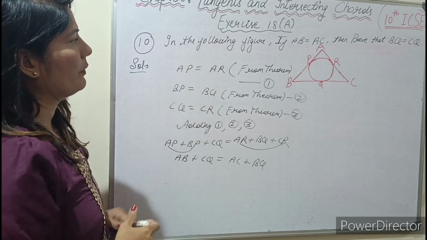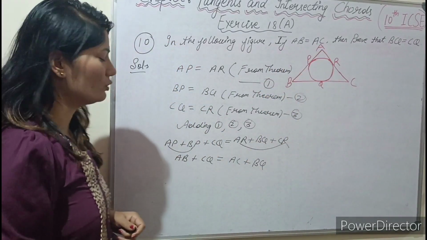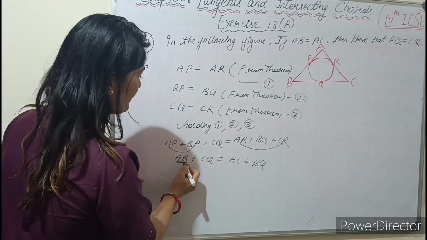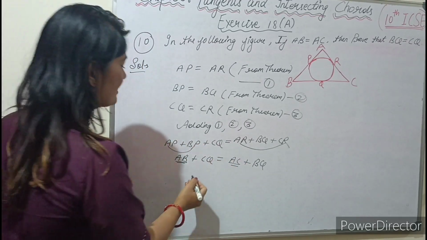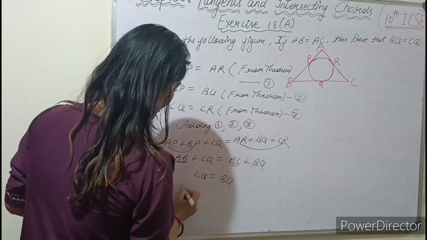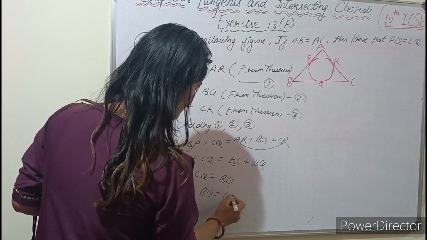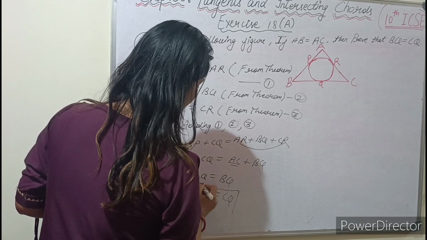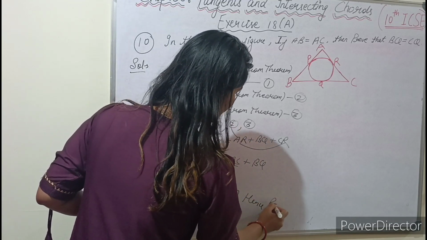Also from the given part, AB is equal to AC, this is given to us. So here as AB is equal to AC, both the things cancel out. So what is left? CQ is equal to BQ, or we can write BQ is equal to CQ. This is the only thing which you have to prove. So hence proved.